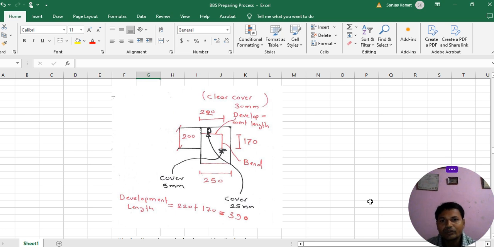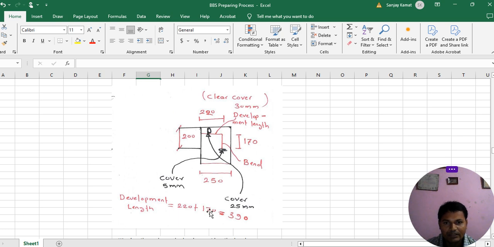Once we get the value of the breadth of the staircase, now we work for the development length. To calculate the development length of the staircase, we have to add this 220 mm, the length between these two bars, plus 170 mm, the vertical height of the bar between the first rod and second rod.